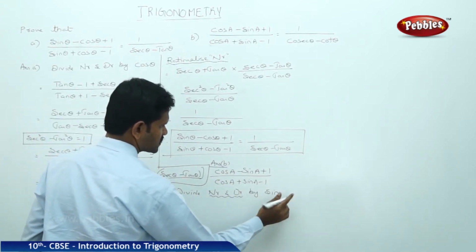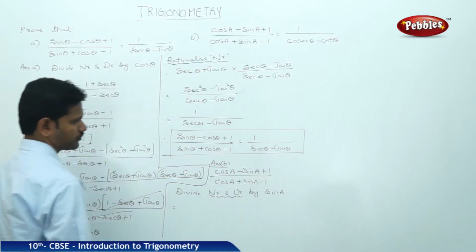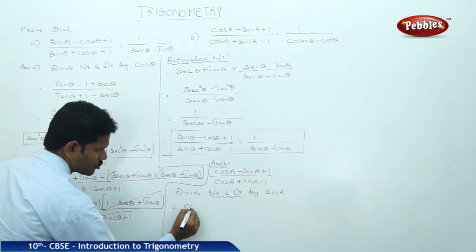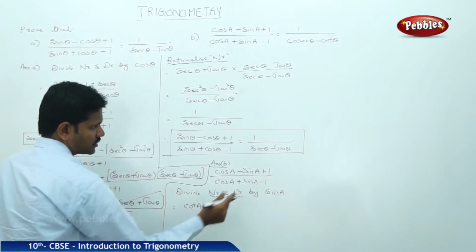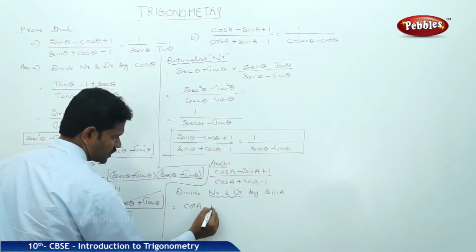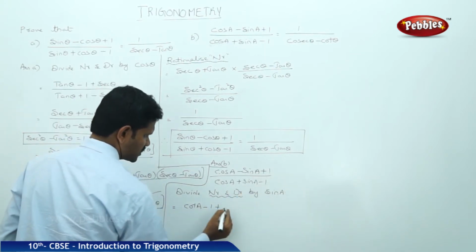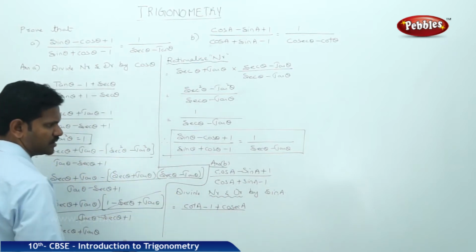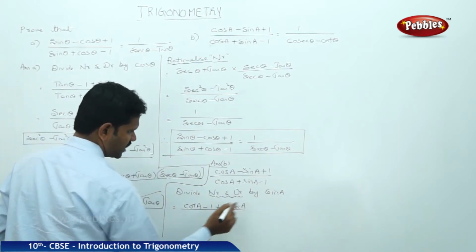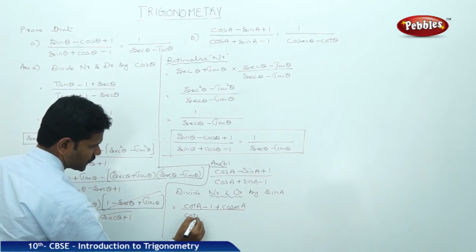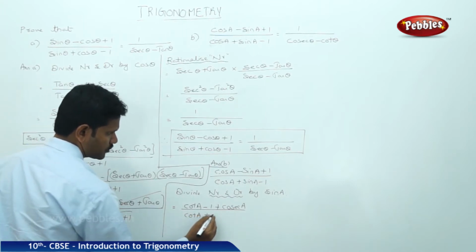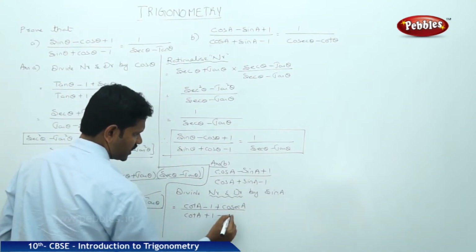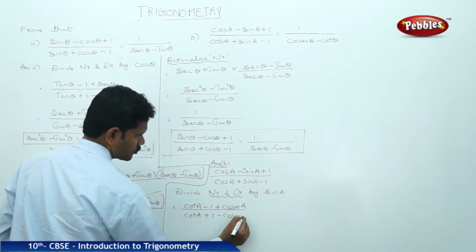Here you have to write cos A by sin A, that is cot A. Sin by sin 1. 1 by sin A, cosecant A. Cot A plus sin by sin 1, 1 by sin, cosecant A.